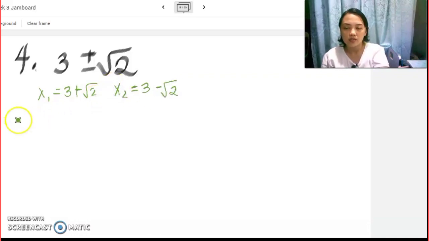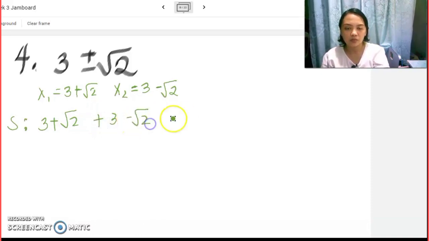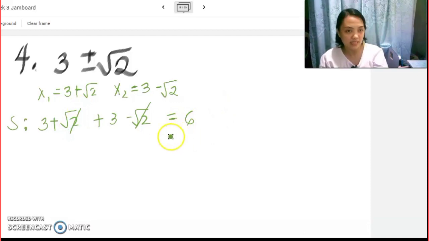To get the sum, 3 plus square root of 2 plus 3 minus square root of 2. 3 plus 3 is 6, right? And positive square root of 2 minus square root of 2 is gone. So our sum is 6.